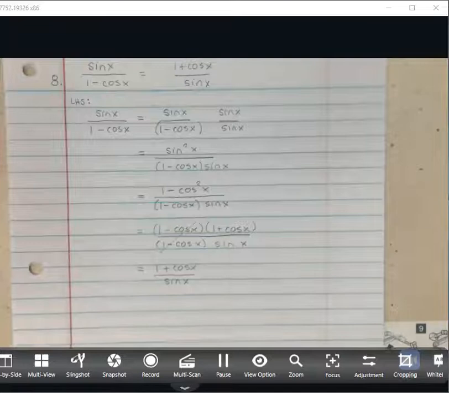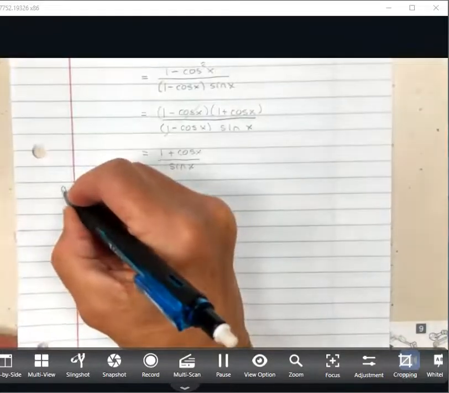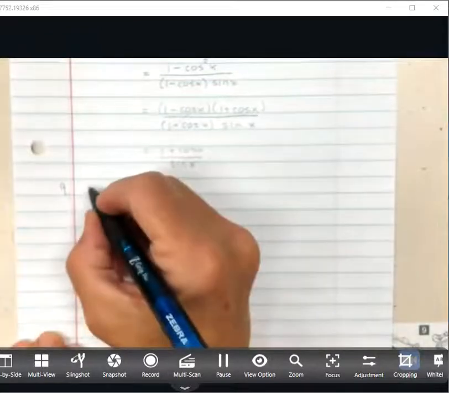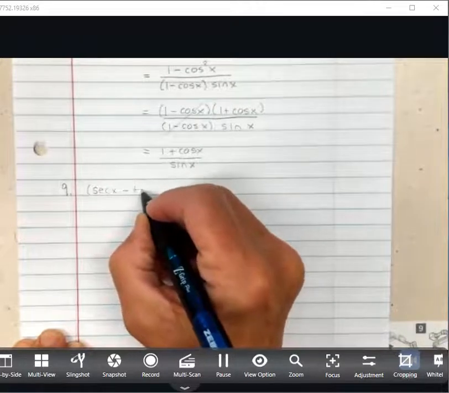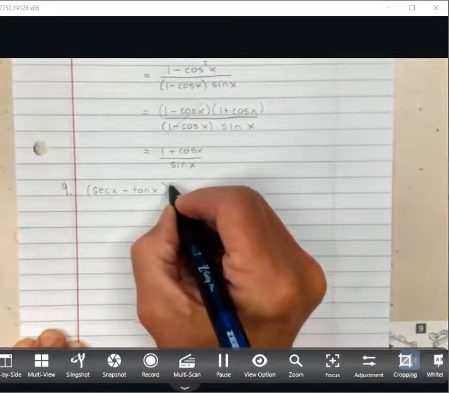All right, let's go to number 9. Number 9, we want to take the secant of x minus the tangent of x, put it in parentheses and square it. Secant of x minus the tangent of x, all squared.